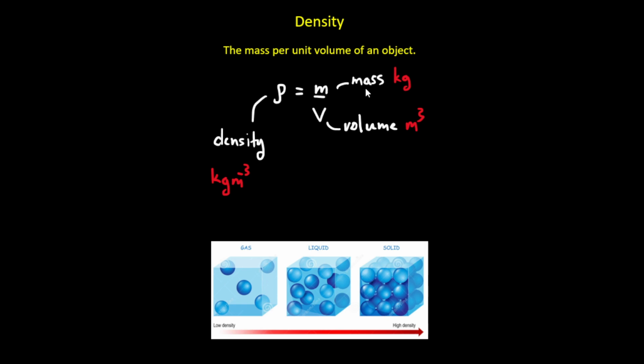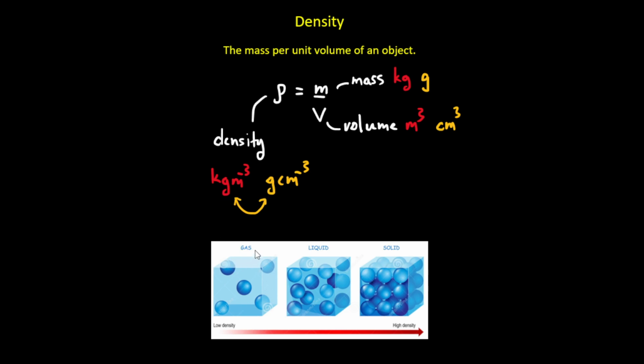But if your mass is in grams and your volume is in centimeter cubed, then your density would be grams per centimeter cubed. In exams, they might ask you to change back and forth between these two units. Make sure what the exam is asking of you.